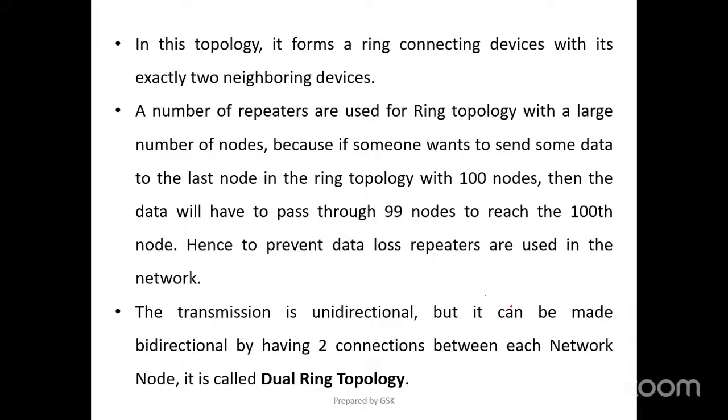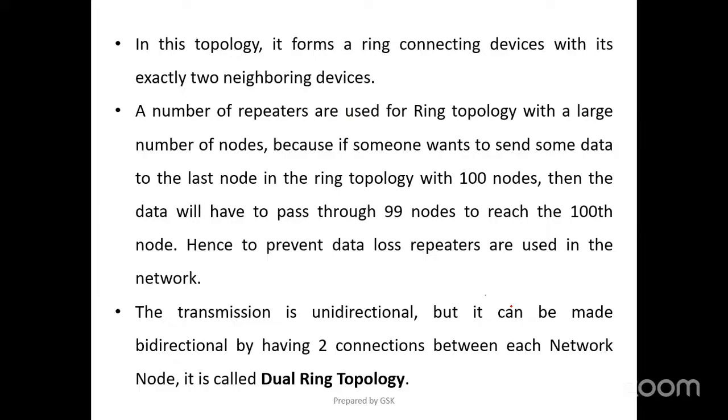In the ring topology, it forms a ring connecting each device with exactly two neighboring devices, as we covered. A number of repeaters are used for a ring topology with a large number of nodes. For example, I have a ring topology with 100 nodes connected: node 1, node 2, node 3, and so on up to node 100.